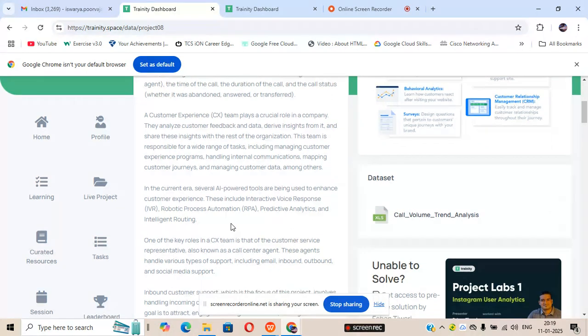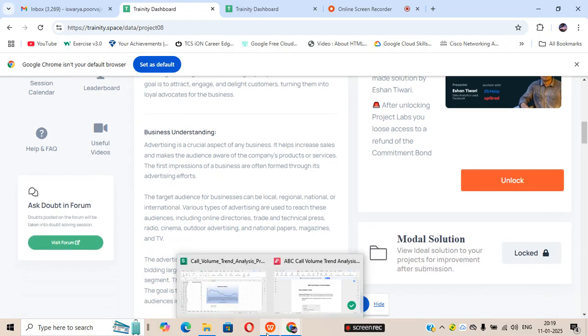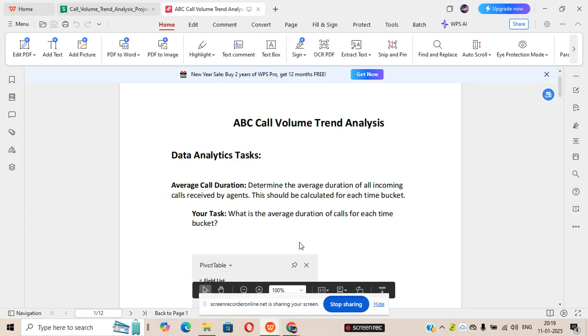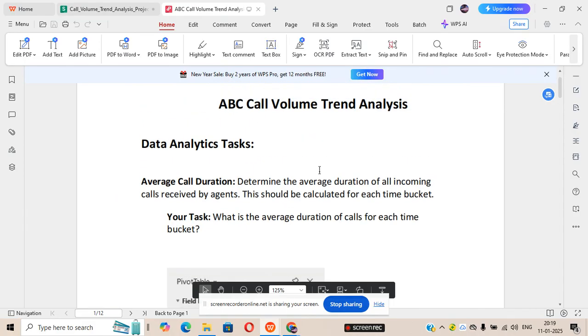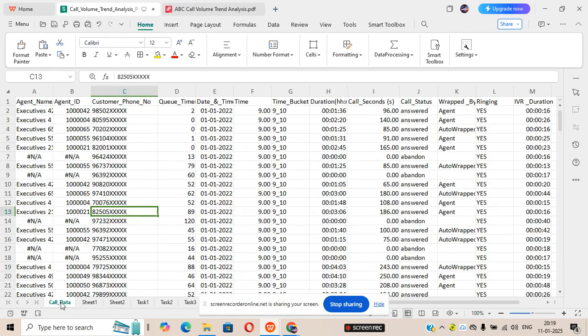First of all, I have downloaded the dataset from the call volume trend analysis. This is the raw data which we have downloaded from the given site.